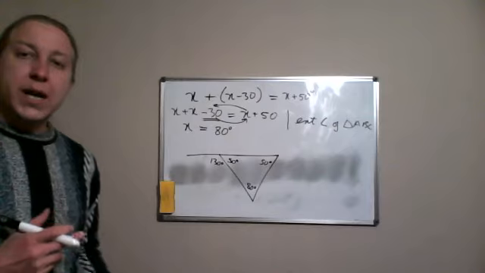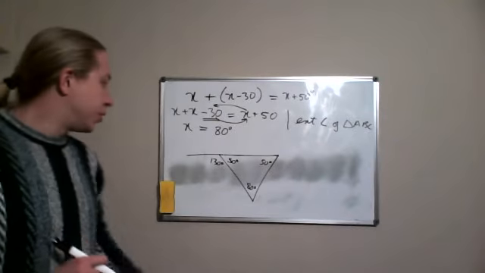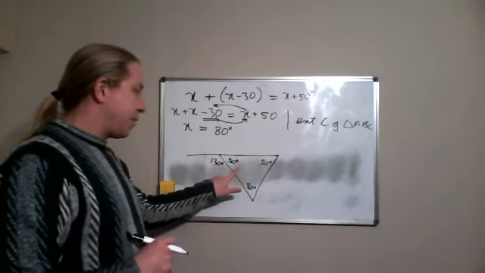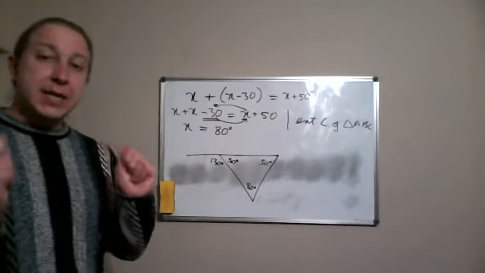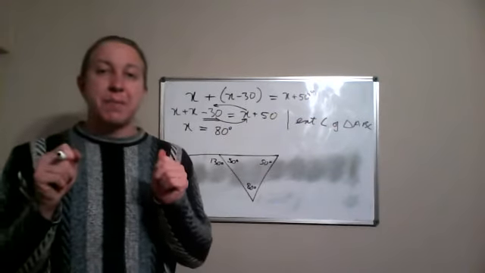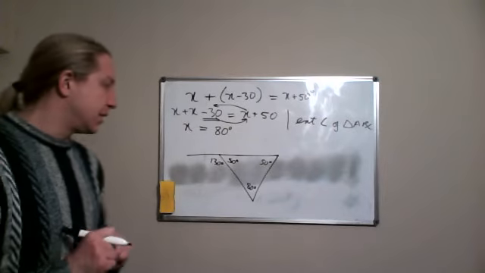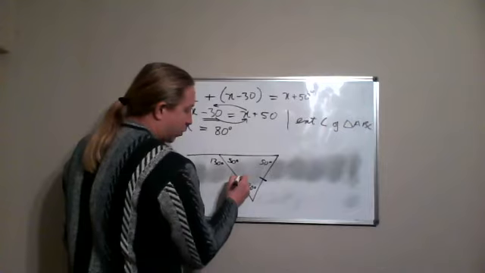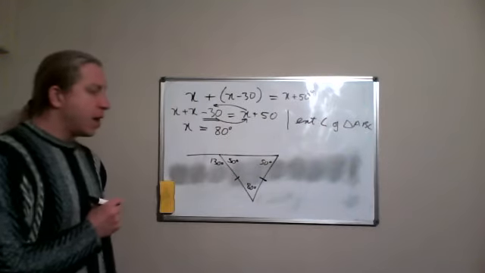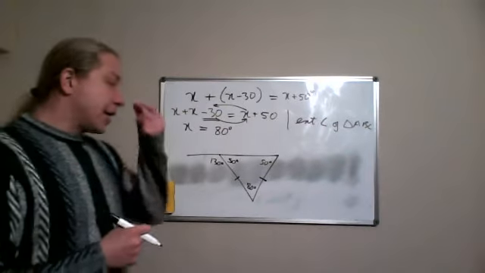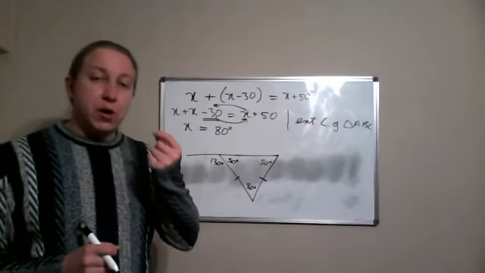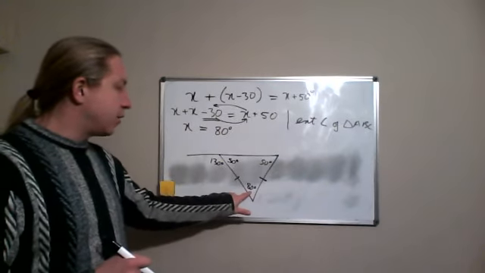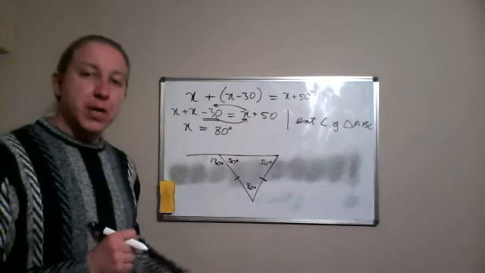Right, so what can we say about this triangle? The sizes of the angles are the same here, 50 and 50. If two angles are the same, it must mean two sides are the same, and it's the opposite sides. So basically, this side equals that side. And if we now classify it in terms of acute or obtuse, the biggest angle in the triangle is 80 degrees. That is an acute angle.